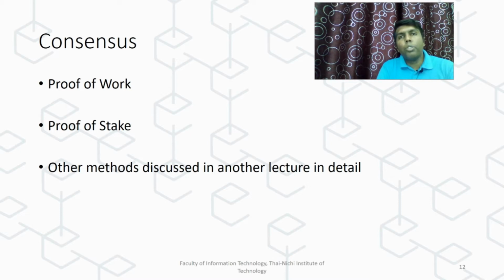For that there are so many types of consensus algorithms, but the most famous ones are proof of work or proof of stake, and there are so many other methods as well.